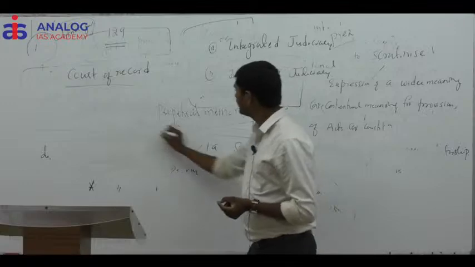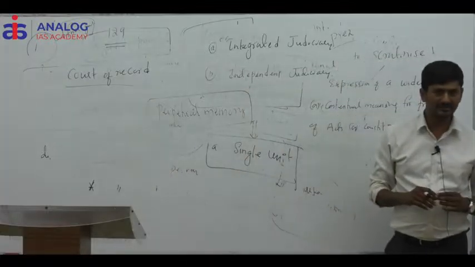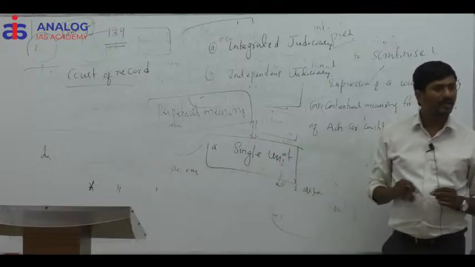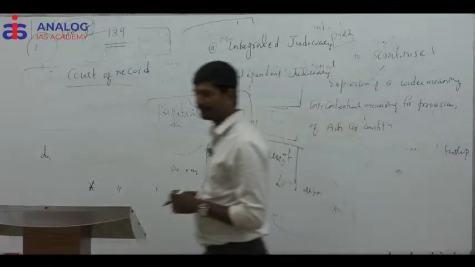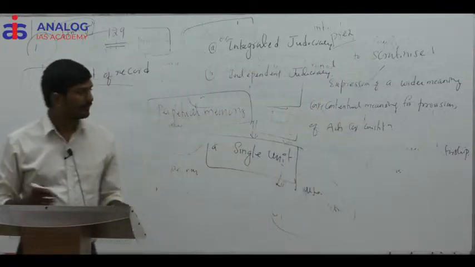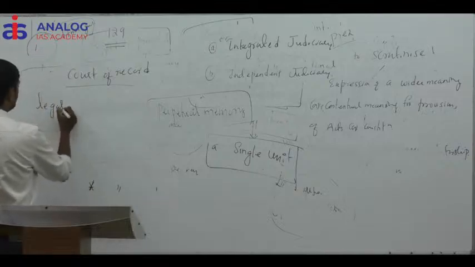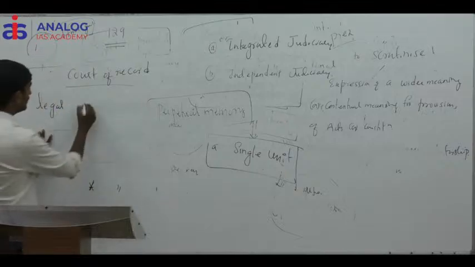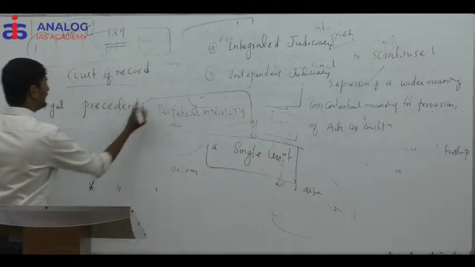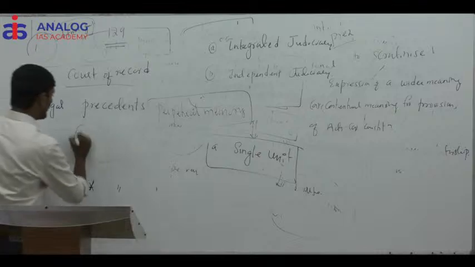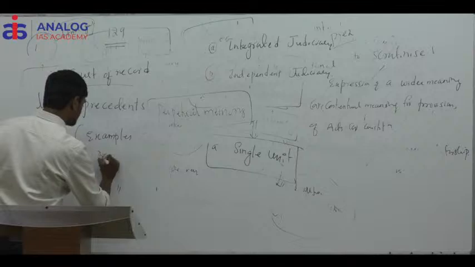Perpetual memory means you are recording them for the sake of future reference. Okay, perpetual memory, and which will act as legal precedents. Legal, please carefully write the spellings. Legal precedents. Precedents means what? Examples or reference.